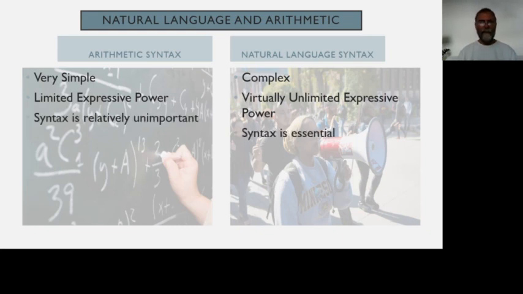Following on from that, there's also a difference between the two languages, which again leads us to understand why the grammars are as they are, and that is that in maths, in arithmetic, the syntax is actually relatively unimportant. The main thing we want to use the language for is to express the quantities.